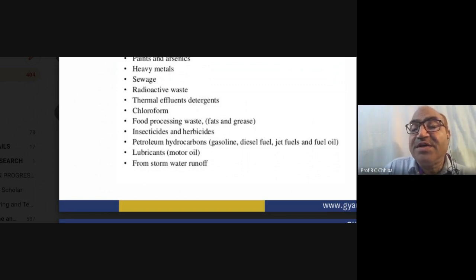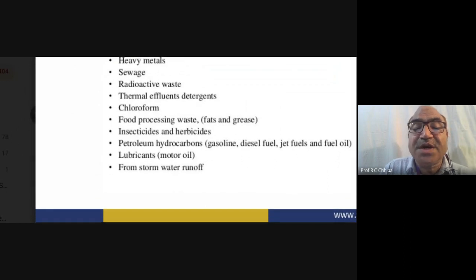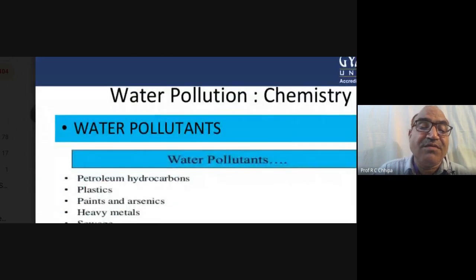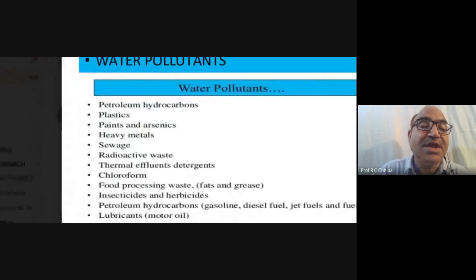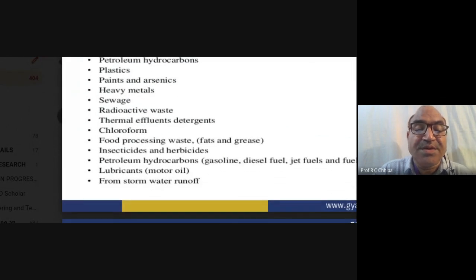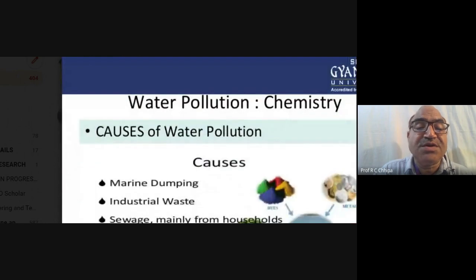During heavy rain, that rain water is called storm water. So storm water runoff can also cause water pollutants. These are the water pollutants.